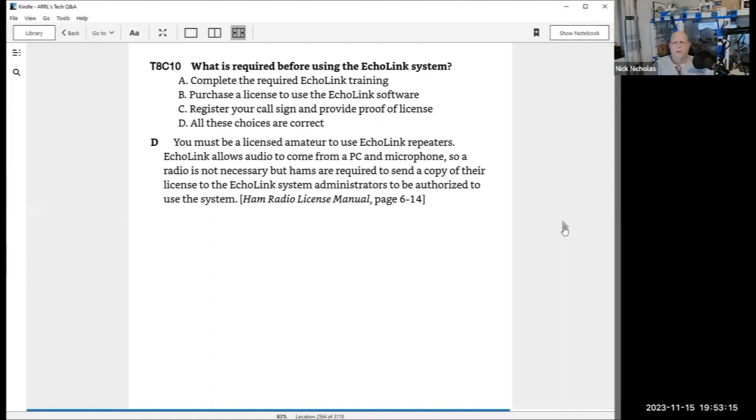The fee is a donation to help maintain the system. It's minimal. But you do all those things and you've got Echolink access. Boom, you're done. From Echolink access, you can use any of the repeaters and any of the transceivers linked to Echolink, so long as the output of them does not occur in spectrum you're not privileged on your license to handle.